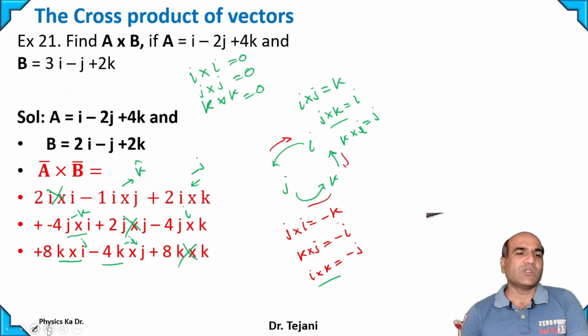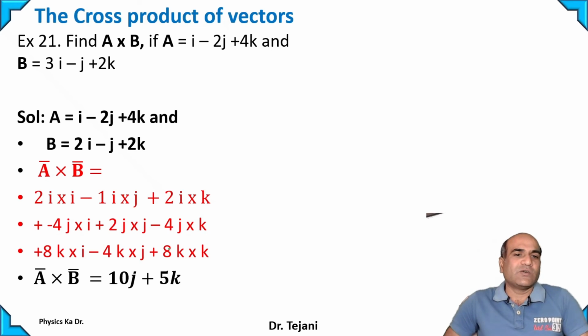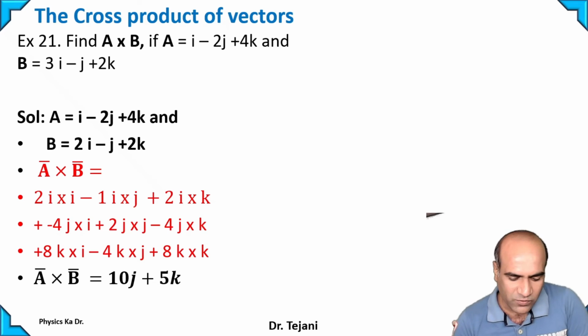So you need to put all these values and just find the solution. A cross B is equal to 10j plus 5k.